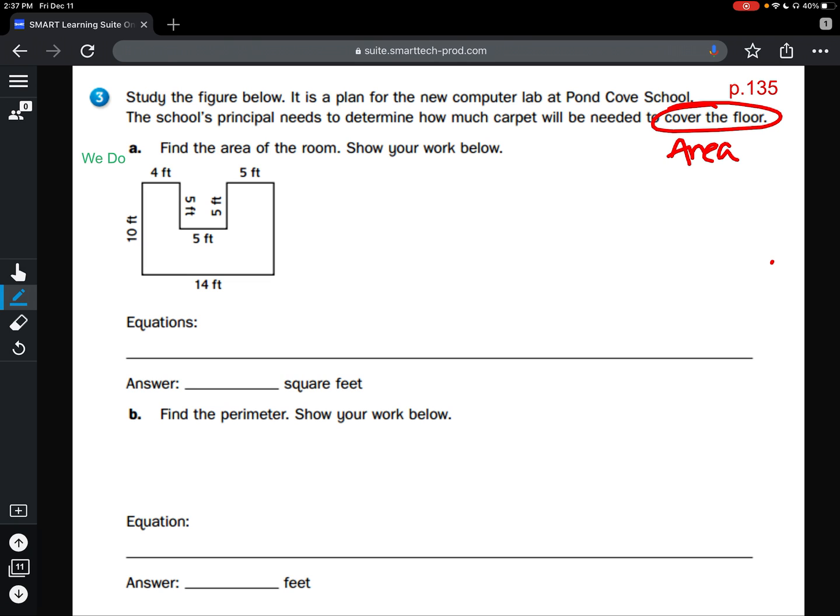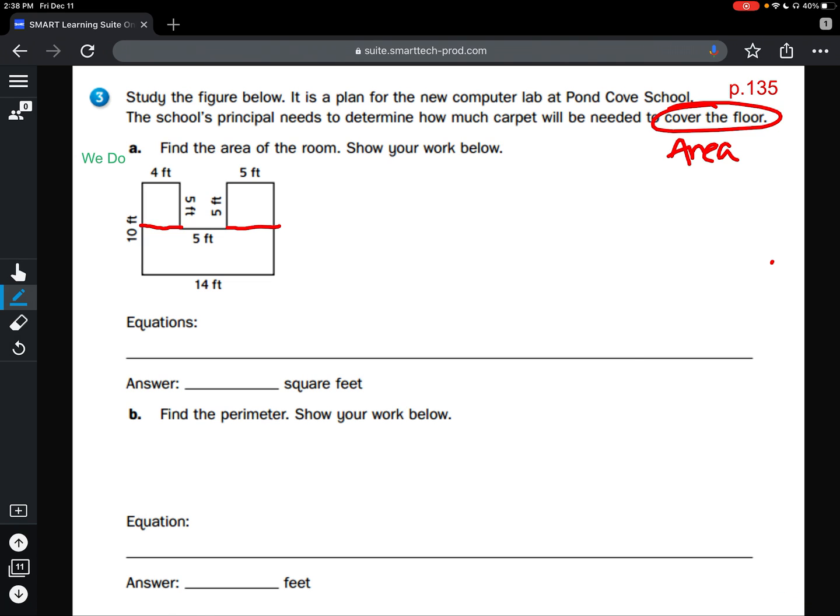All right, so when I look at this figure, can I just right off the bat find the area? No. I'm going to have to split it up into smaller chunks. So what I need you to do right now is split this into chunks like this.